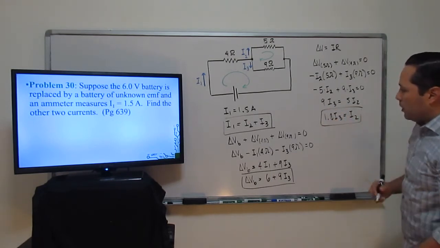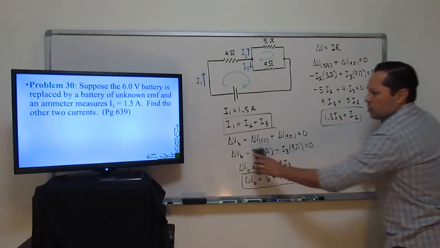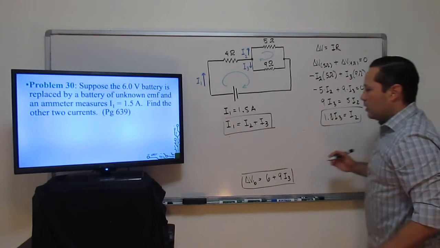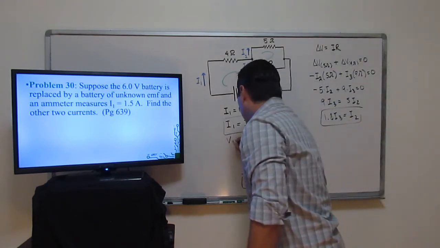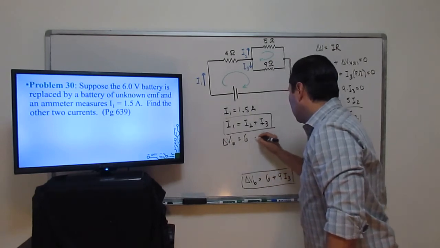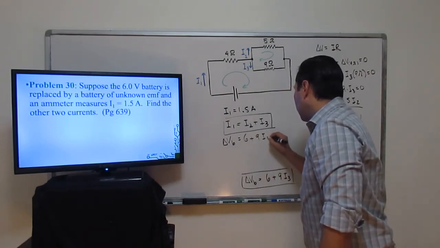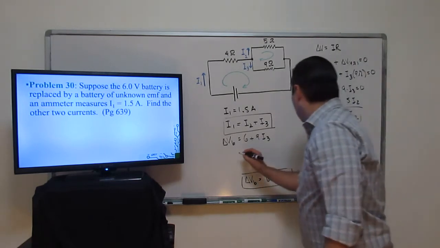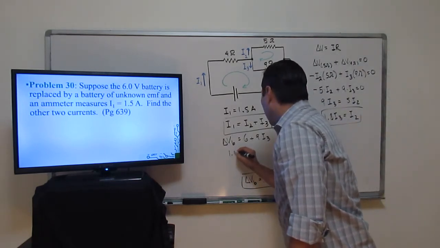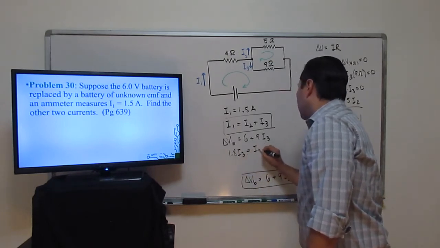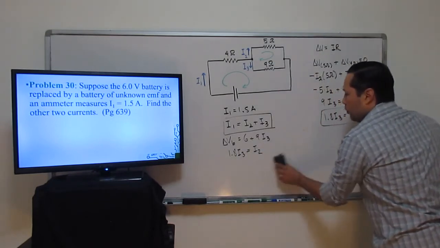So there's the formula that we need. I'm going to put them all together here so we can clear up some space. Potential difference of the battery is equal to 6 plus 9I3. And also, 1.8 I3 is equal to I2. So those are the formulas that we've got.